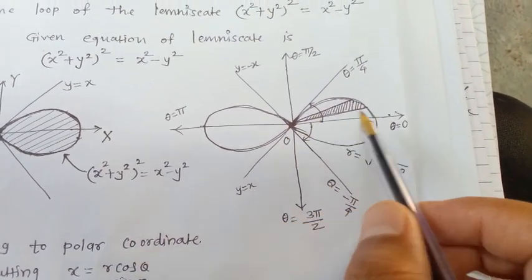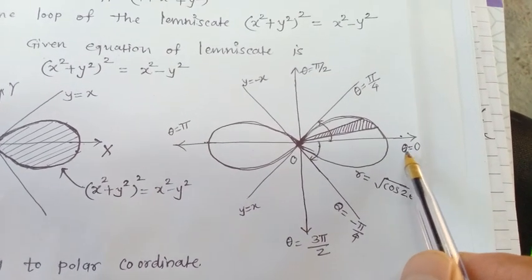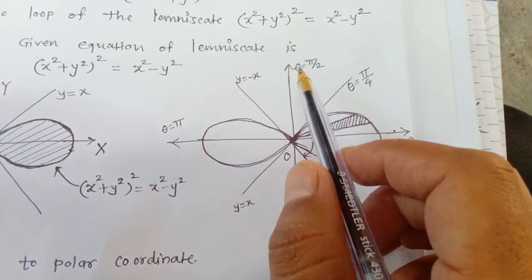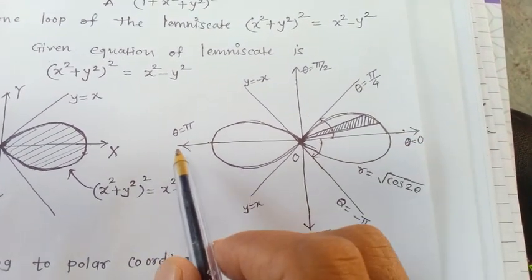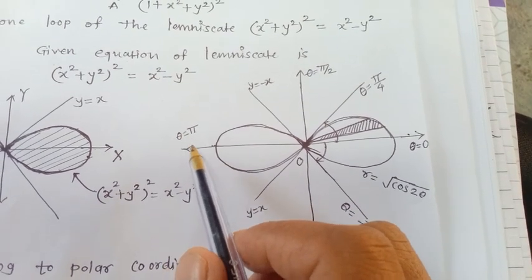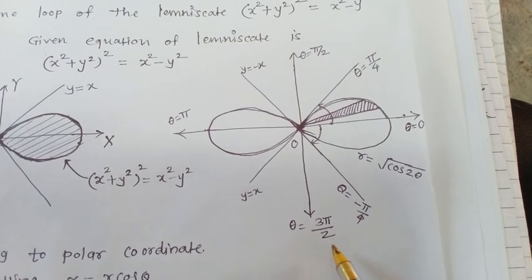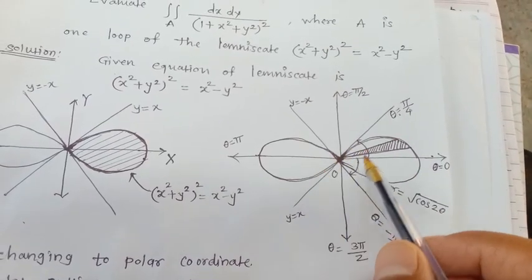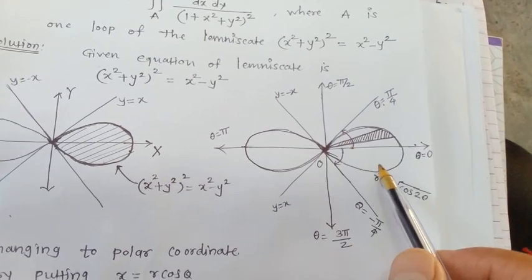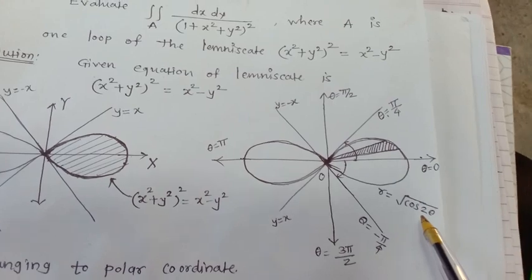So here you can observe your x-axis and y-axis. At the x-axis right hand side your theta is 0, at the upper side on the y-axis your theta is pi by 2. Similarly at the negative axis your theta is pi, and at the lower side of the y-axis theta equals 3 pi by 2. And this loop of Lemniscate I have plotted as it is, and the equation of this loop is r equals square root of cos 2 theta.